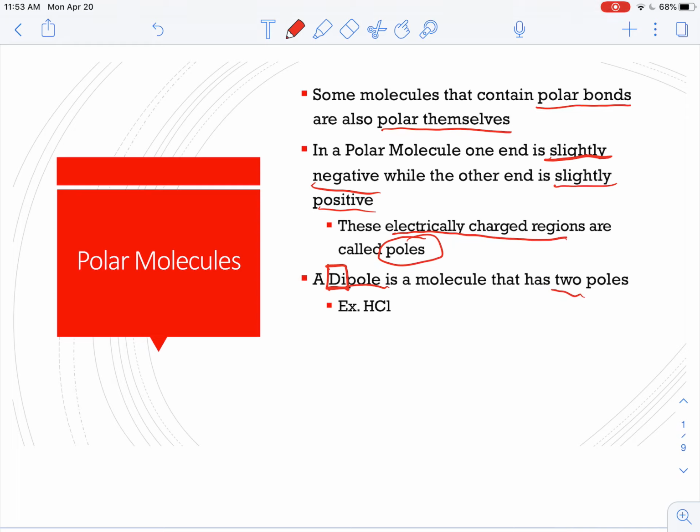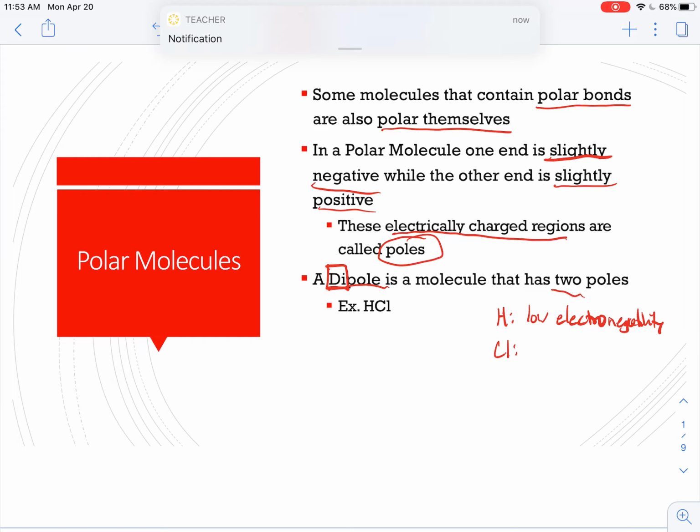The example we're going to be looking at is hydrogen chloride. Before, we looked at this polar bond between hydrogen and chlorine. Hydrogen has a very low electronegativity, and chlorine is going to have a very high electronegativity.